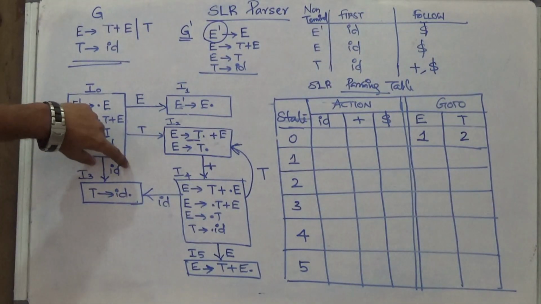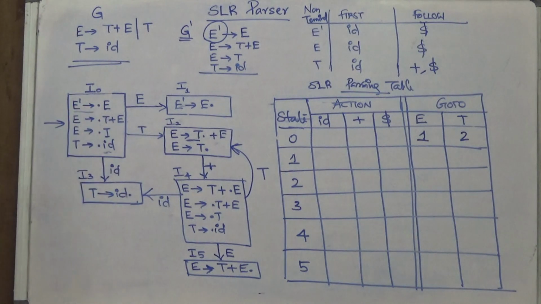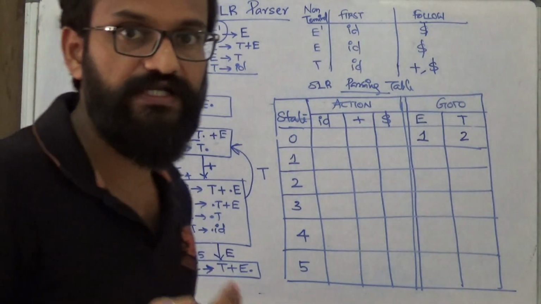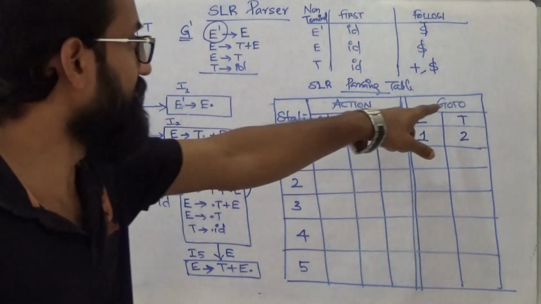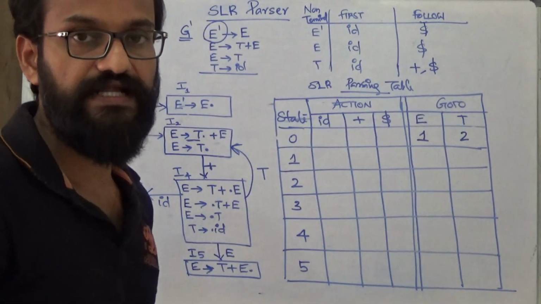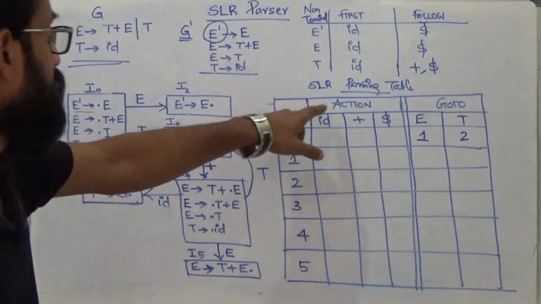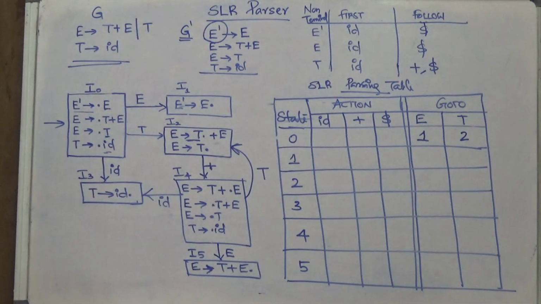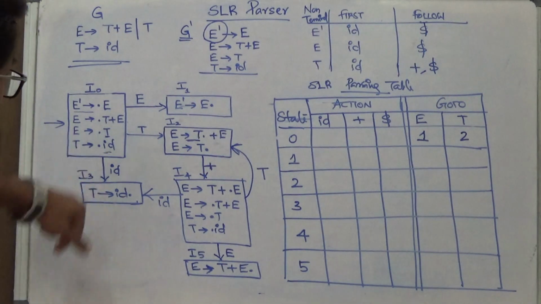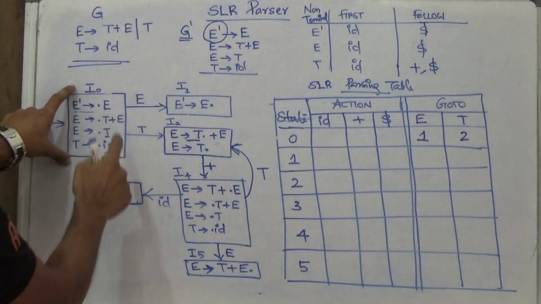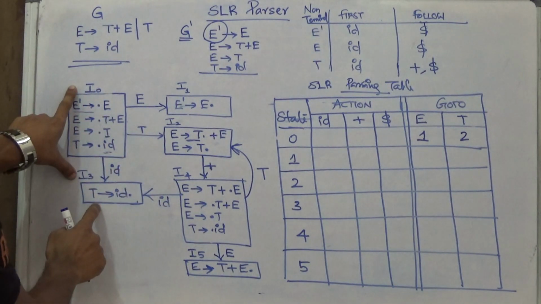Now the next transition is corresponding to the terminal ID. So if transition corresponds to a non-terminal, you are expected to create entry in the goto part, and if transition corresponds to a terminal symbol, then you are expected to add entry in the action part. So you are having ID here. So from state 0, for terminal ID, it goes to state 3.